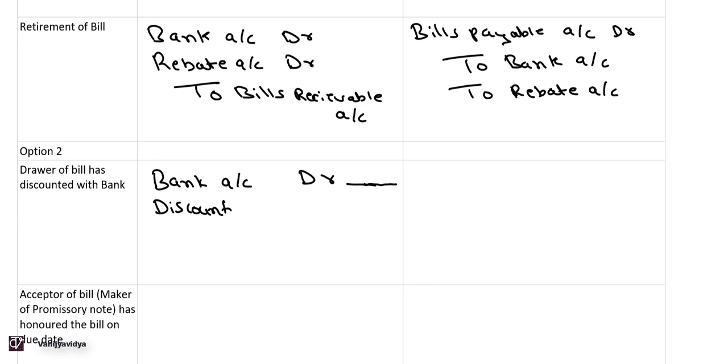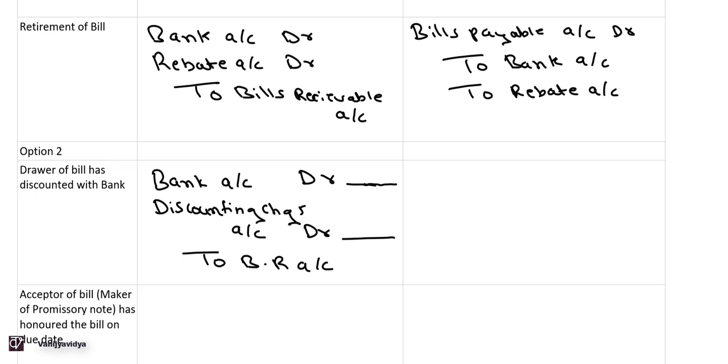So discounting charges account debit, they are like expenses to the drawer, to bills receivable account. Now the drawer has received the payment and this bills receivable is with the bank.